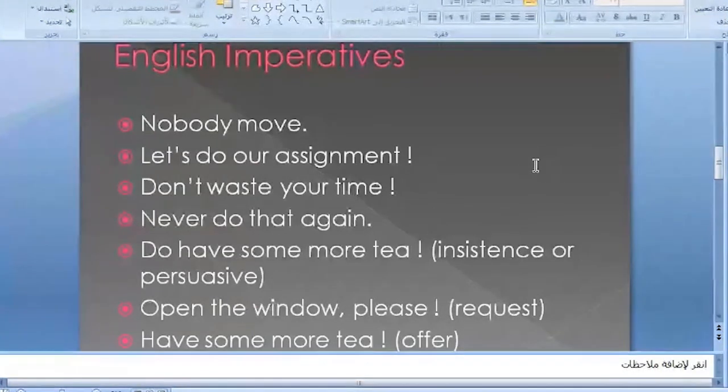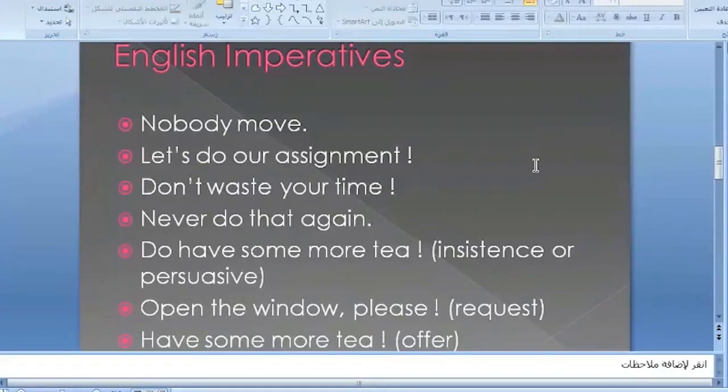It is emphatic. "Do have some more tea": I insist that you have another cup of tea. I don't agree that you have just one cup of tea. I want you to have more.